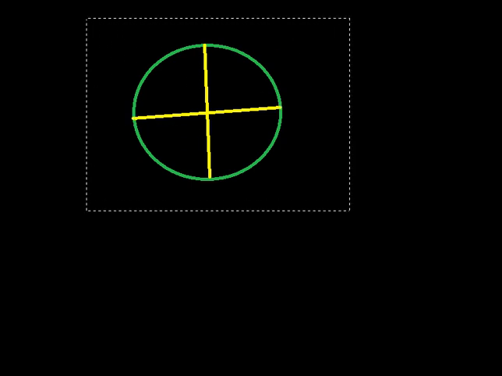The symmetry line of the circle can go like this, and even this one is also a symmetry line. So based on the shape of the object, we can have different lines of symmetry, and some objects do not have lines of symmetry. In other words, the objects cannot be divided into two equal parts.